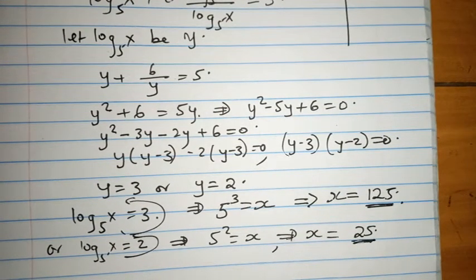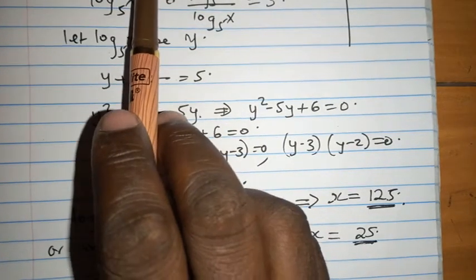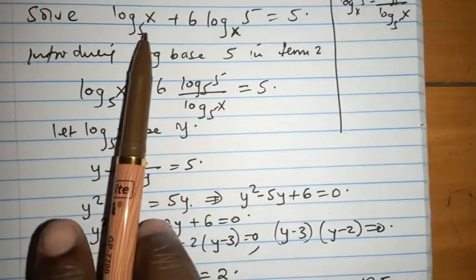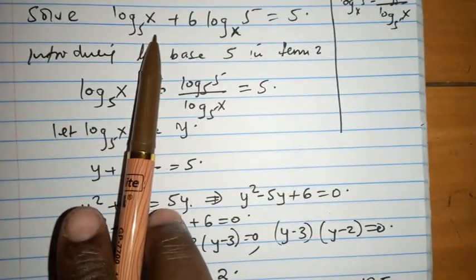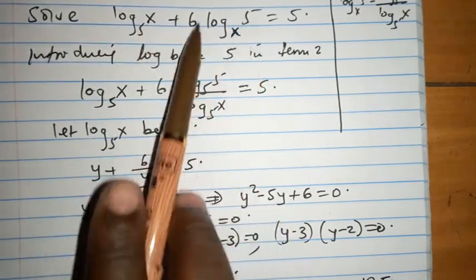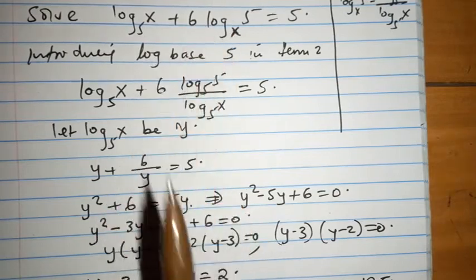But not just that, you could have changed the base to base 10 or whatever you want it to be, but then it would have required you to change including term 1. The reason why we brought base 5 is to avoid disturbing term 1 and only disturb term 2, which we have done very smoothly.